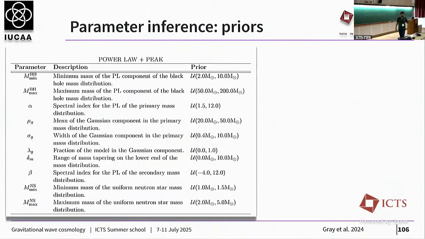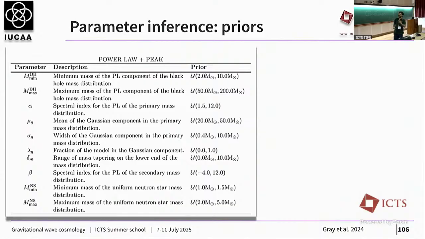Okay, so when you run any sort of Bayesian analysis, you need to state some of your priors. So you can state the priors, for example, for this. There are different parameters which describe the shape of your distribution. And so these are some of these parameters. What is the minimum mass of some power law component of the black hole mass distribution, or the maximum mass that you can have, what is the spectral index for the power law. Then there is a peak. So you saw that there was a power law and a peak.